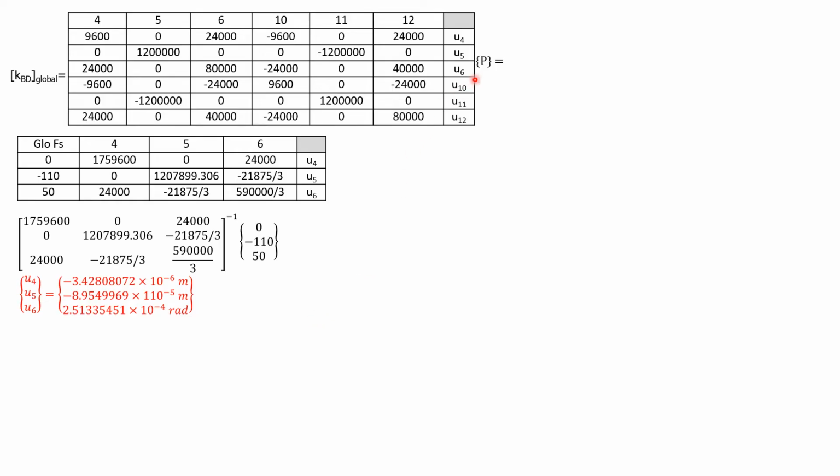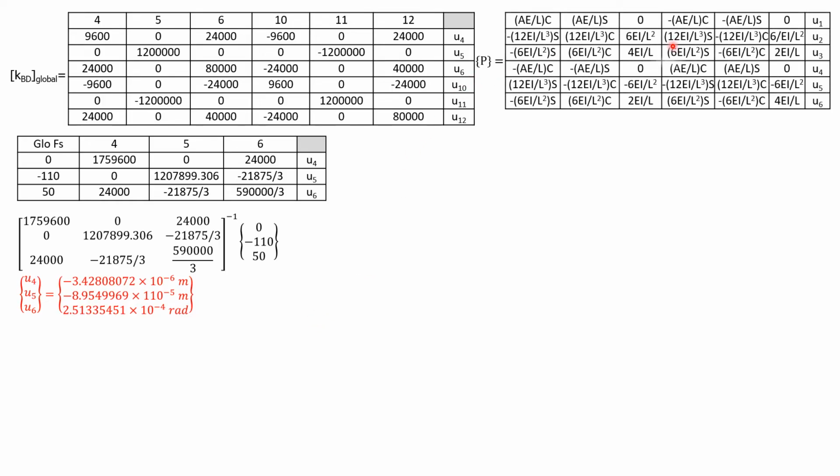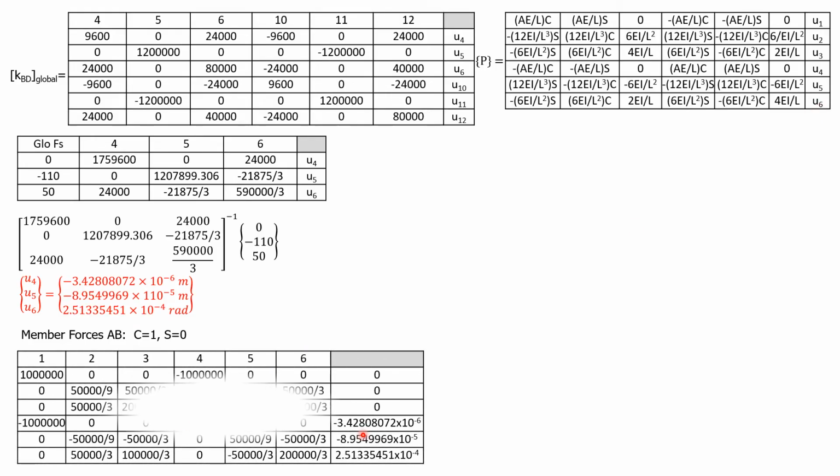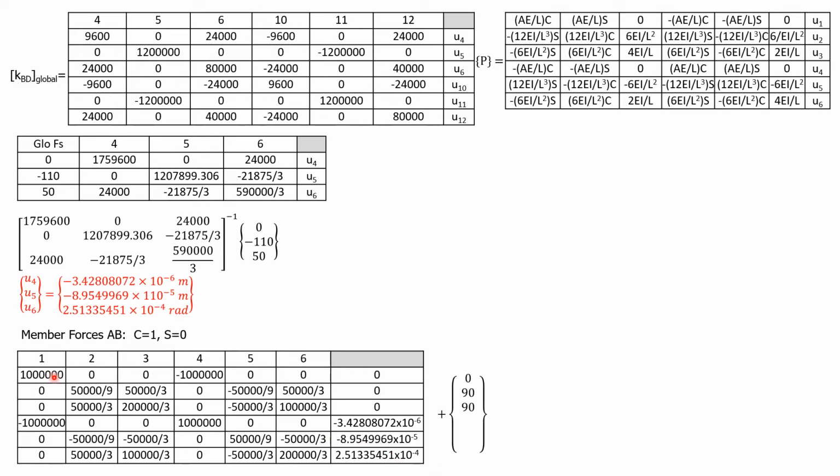So the forces, this is the formula, and we substitute U1, U2, U3, 0, U4, U5, U6 for member AB. Then these are the displacements. Then we compute the forces plus the fixed end forces.